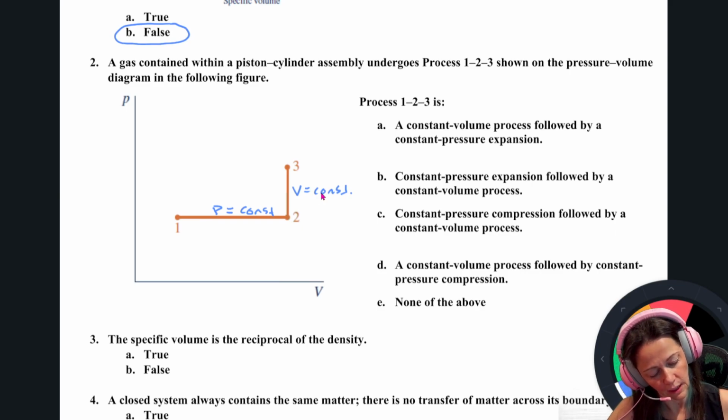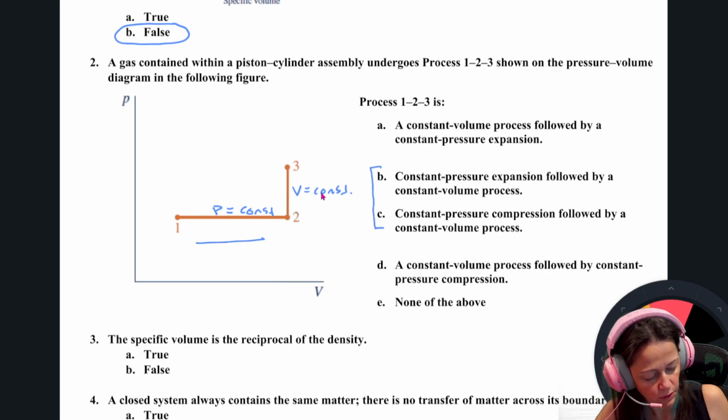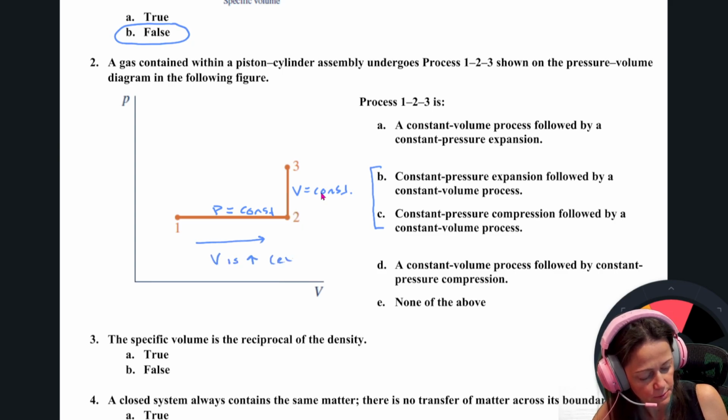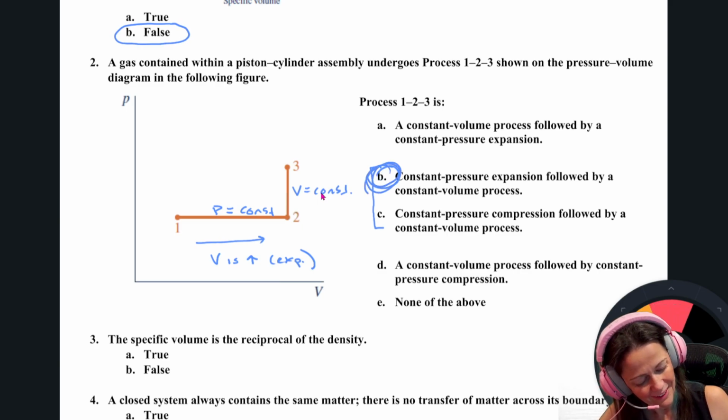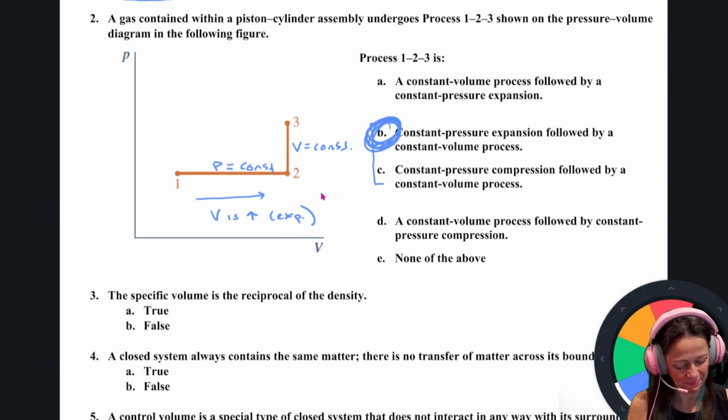So it's a constant pressure process followed by a constant volume process. It could be either one of these, and since the volume is increasing, it's an expansion process. So it's going to be this one right here. It's going to be B.